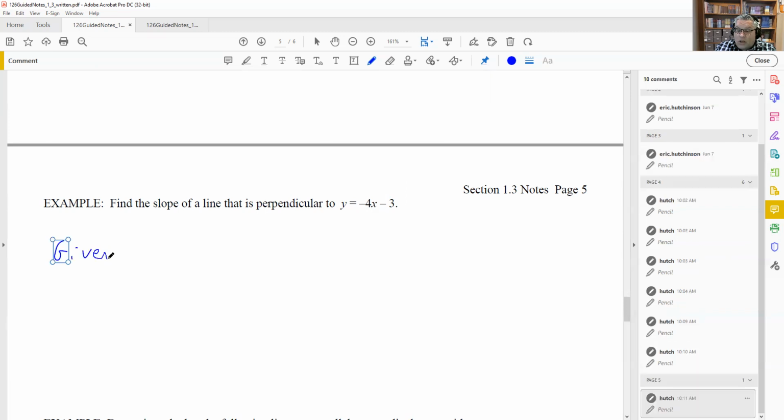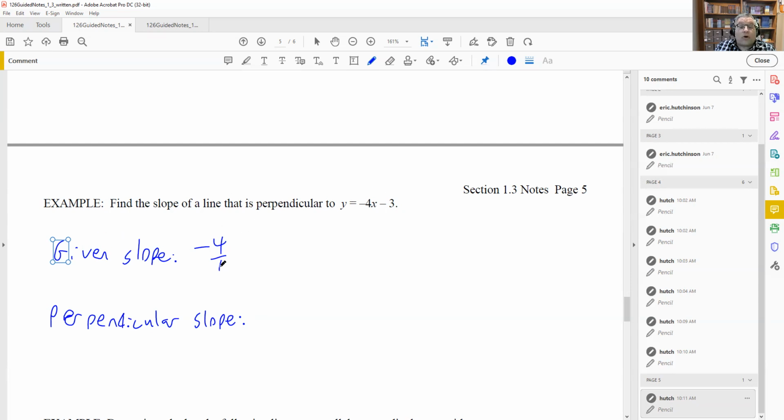So the given slope was, I'm going to write this as -4/1. What I want to find is the perpendicular slope, and this is the answer to the question I have right here.